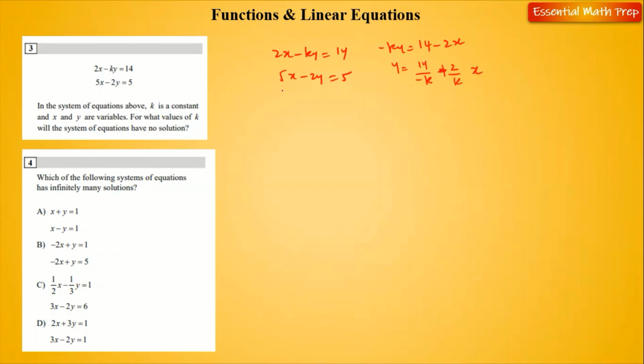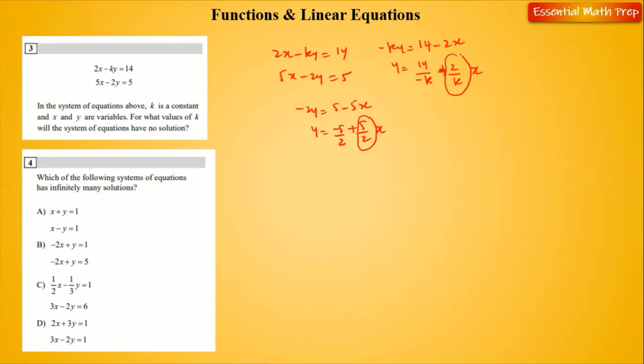Similarly, let's convert this expression also in terms of y. So negative 2y equals 5 minus 5x. So y equals -5 over 2 plus 5 over 2x, right? So if you say that the two equations are equivalent, then let's say the two slopes are equivalent.